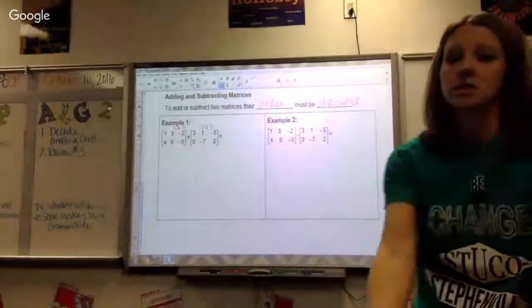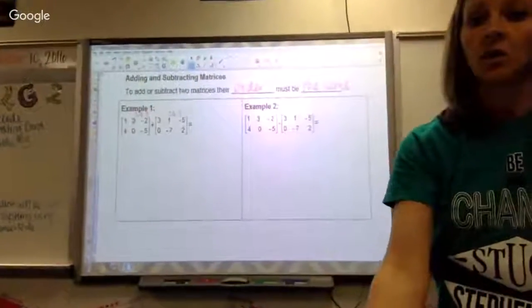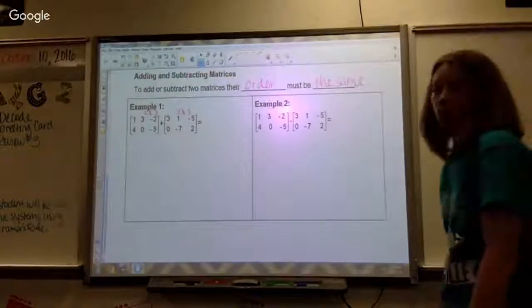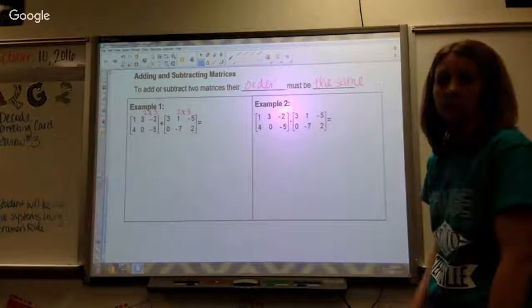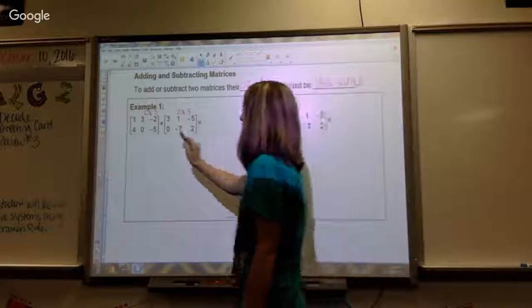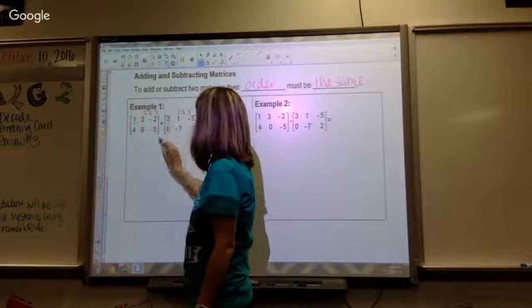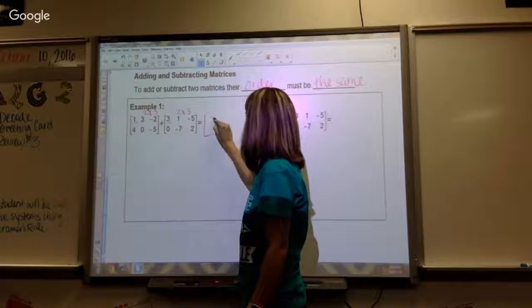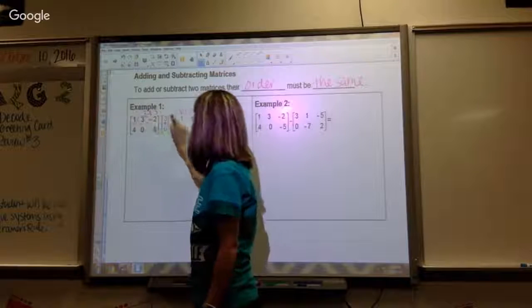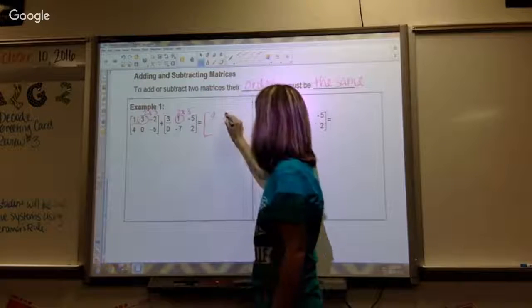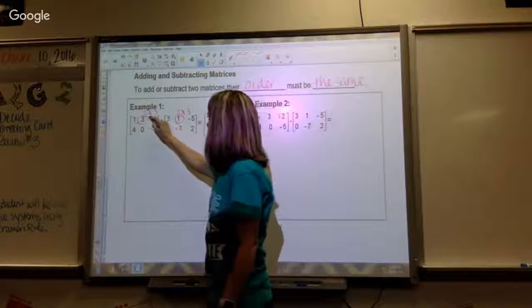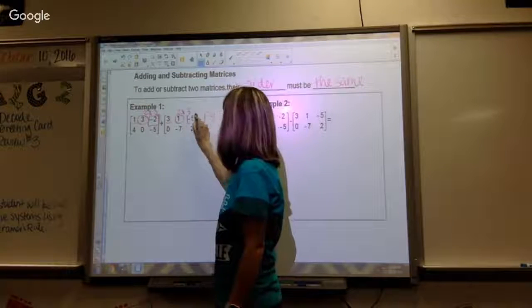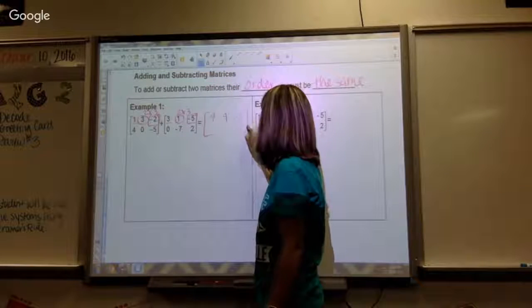To add 2 matrices, you're going to add the corresponding elements, which means in the same position. So this top left element, we will add with this top left element. So when I add 1 plus 3, we get 4. 3 plus 1, we get 4. -2 plus a -5, we get a -7.